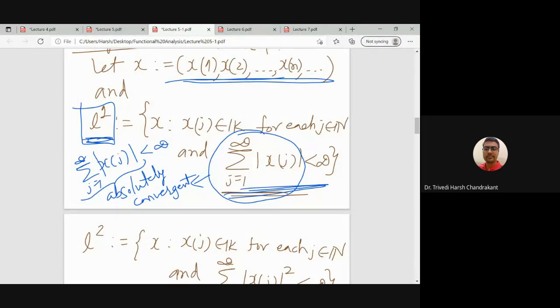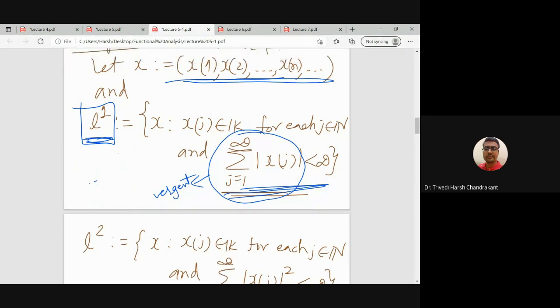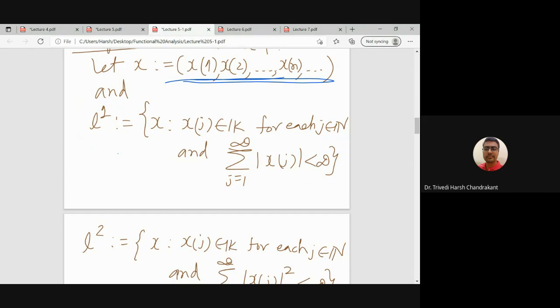So what are the examples? Can you give some examples of elements of L1? Which sequences will come in L1? Basically I am asking for examples of absolutely convergent series.